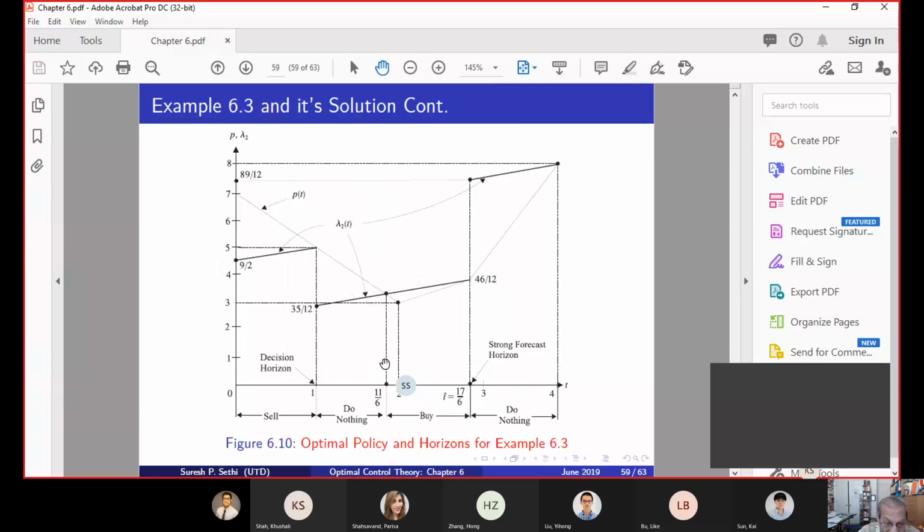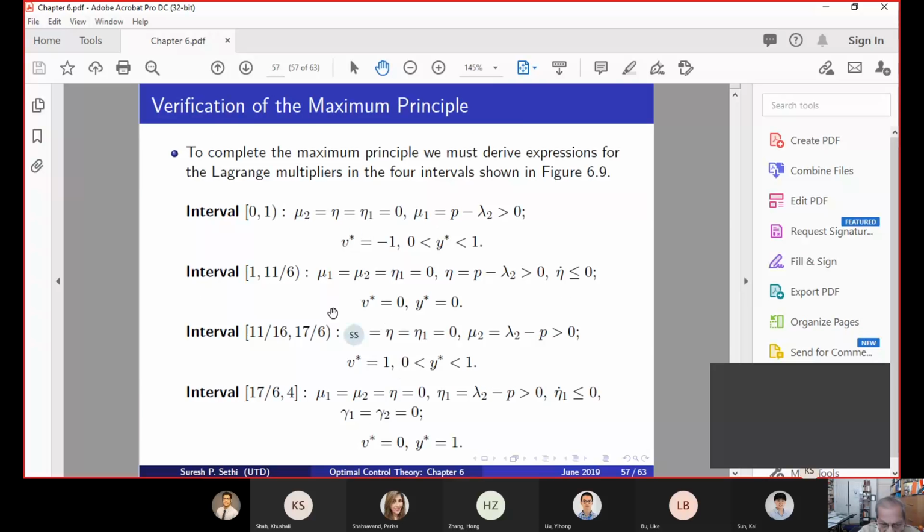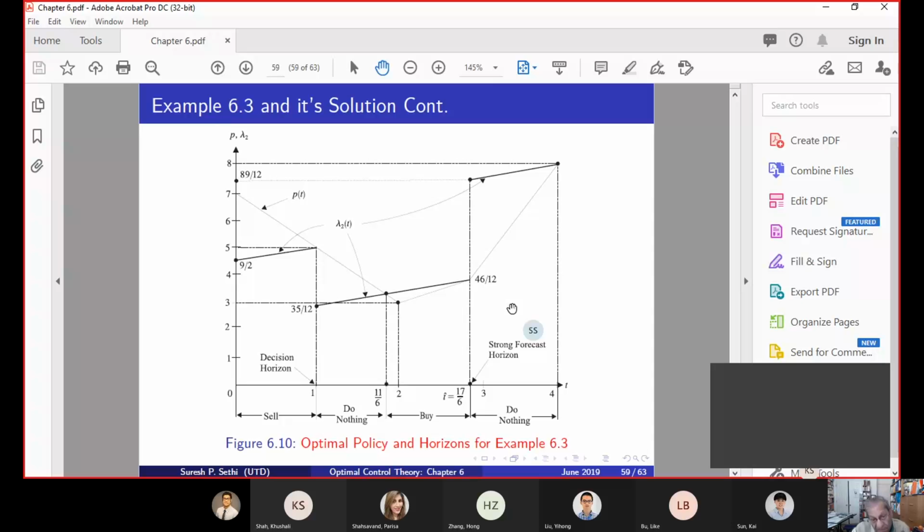You can write, I think this may be one of the exercises. You can write all of these guys. But the important thing to point out is that the decision horizon stays. So to some extent, if I have some good idea of forecast that gives me a price shield, I can make an initial decision in an optimal fashion.